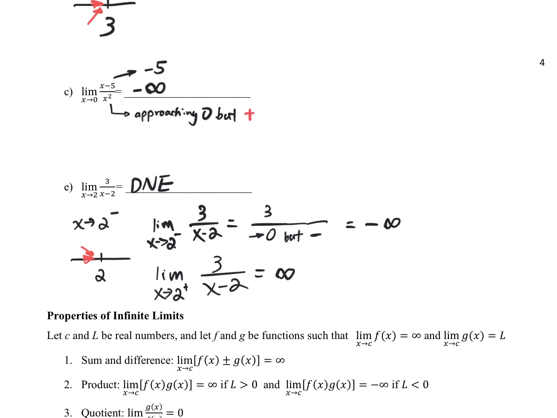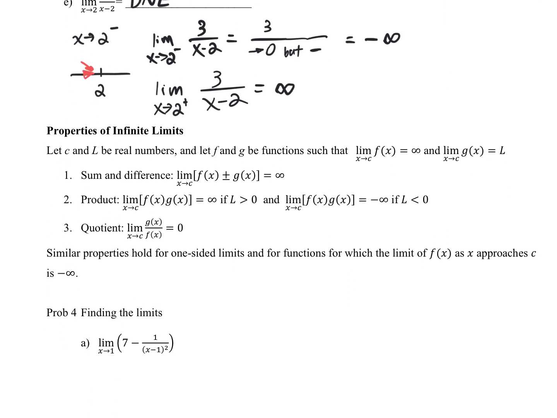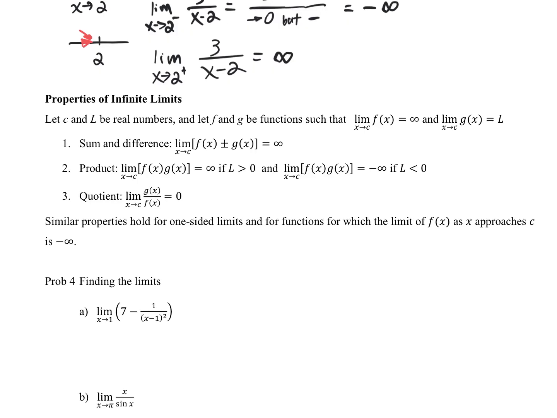Lastly, let's talk about the properties of infinite limits. It's pretty intuitive here. Let c and L be real numbers, and f and g be functions such that the limit of f of x when x is approaching c is infinity, and the limit of g will be L. The sum and difference of these two functions will have a limit of infinity.